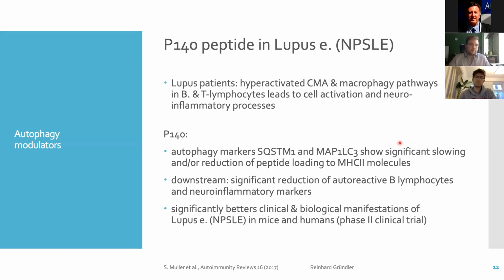And it does so in mice and in humans, because it's already in a phase 2 clinical trial, significantly bettering the clinical and biological manifestations of lupus, which is a very good sign. And they are currently working on the phase 3 trial.